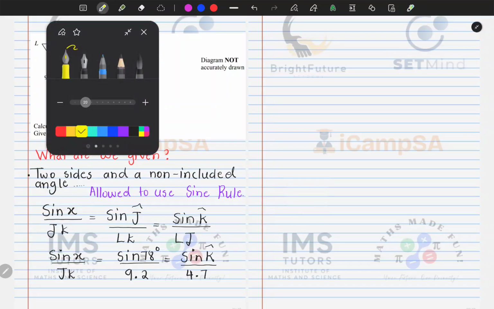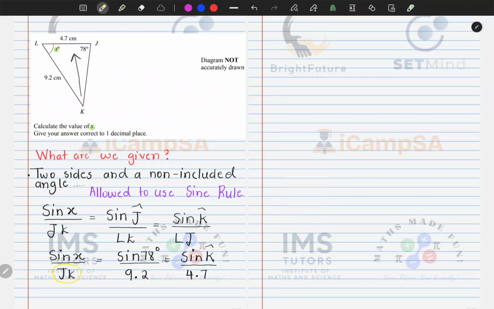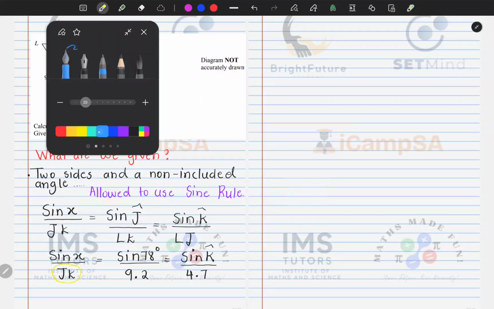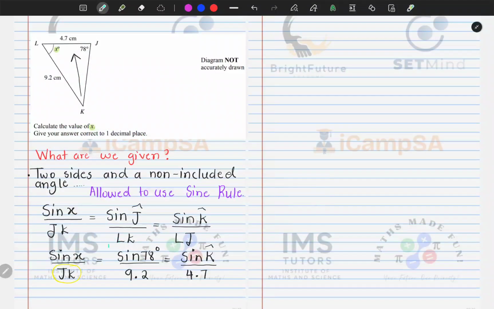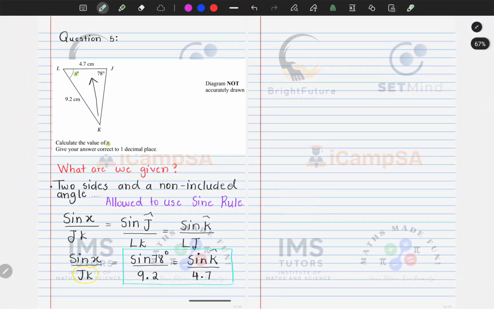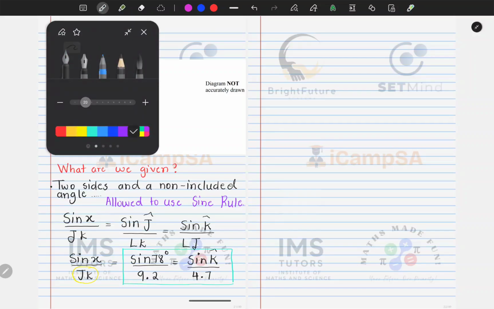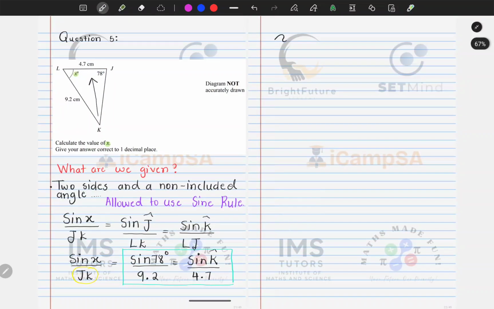The problem we have here is we don't have JK and we're looking for x. The only part that has just one unknown is this one, which happens to be angle K. So what we have there is sine of angle K divided by 4.7.